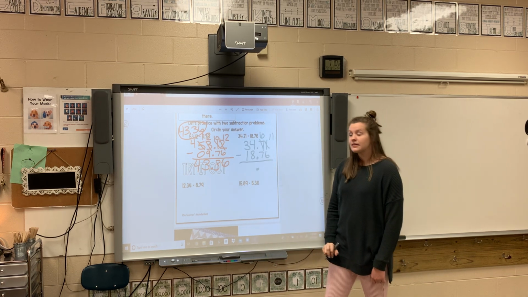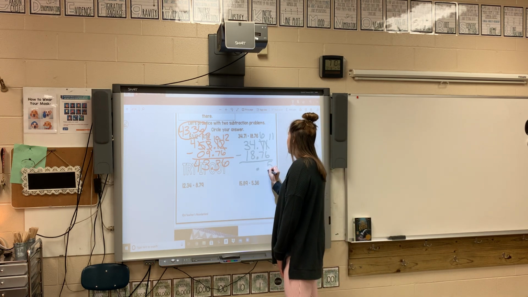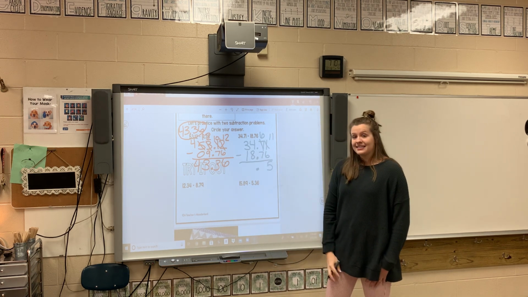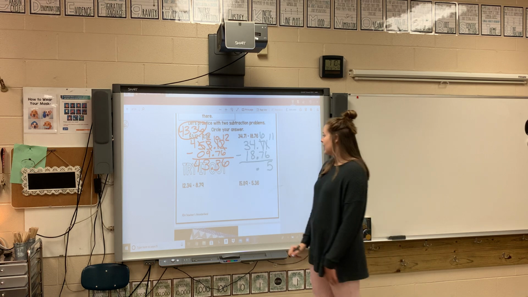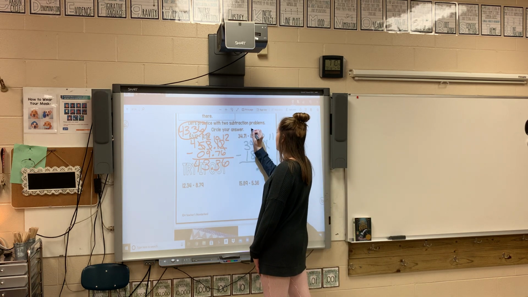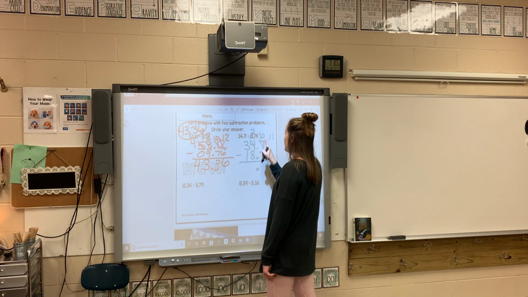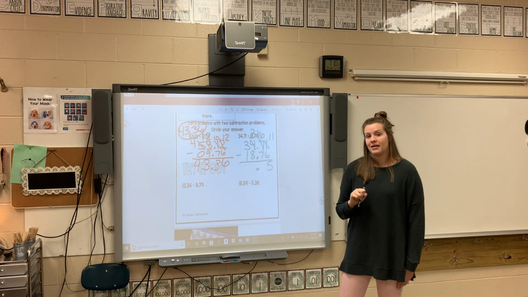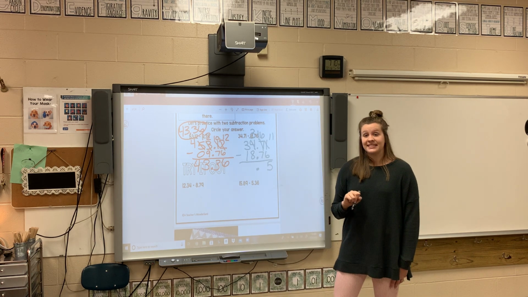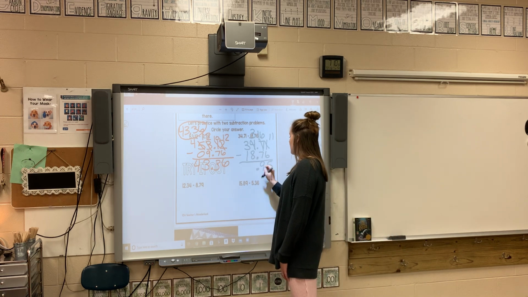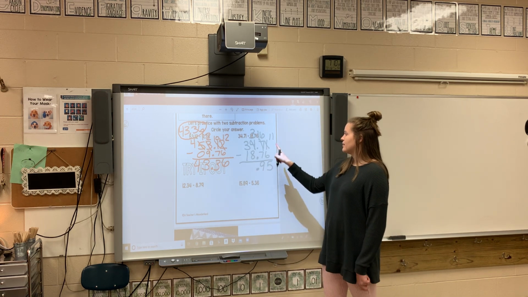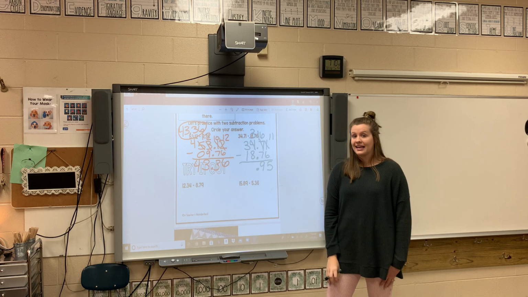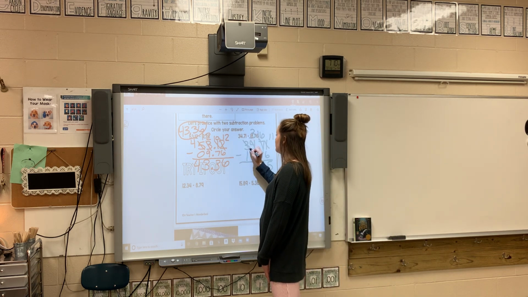11 minus 6 is 5. Now, 6 minus 7, can I do it? Nope, got to regroup again. My 4 becomes a 3. My 6 becomes a 16. What is 16 minus 7? 9. I've already got my decimal brought down, so we move over. If I have 3, I cannot take away 8, so we've got to regroup again.